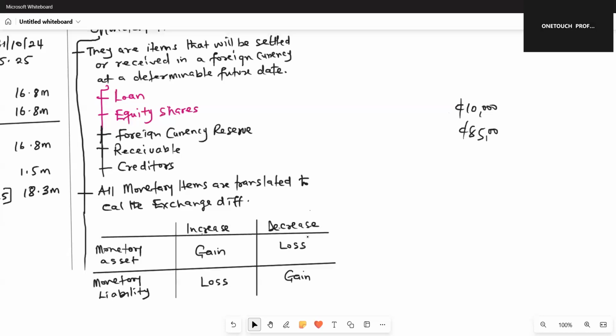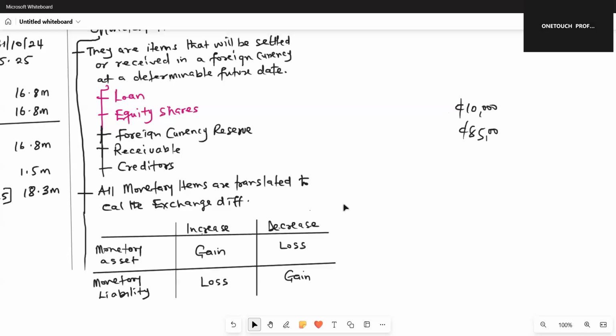You'll be losing, is that not it? Whenever the cedi appreciates against the dollar, you'll be happy because you will need a small amount of cedis to pay for the same dollars. So the underlying issue here is that you must calculate exchange difference on all monetary items at the end of what? The year.